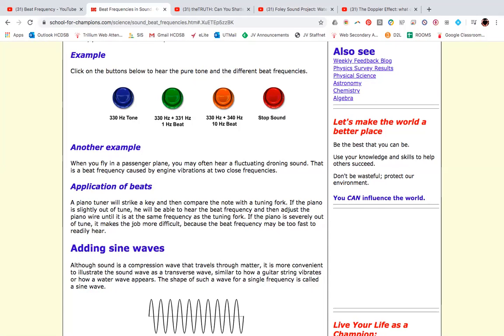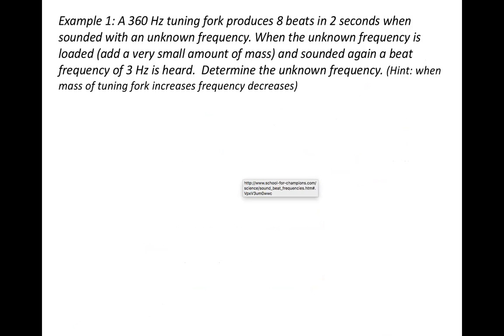So going back to our slides, let's try a problem-solving question involving acoustical beats. So we have a 360 hertz tuning fork that produces 8 beats in 2 seconds when sounded with another tuning fork with an unknown frequency. And when the unknown tuning fork is loaded, so let's say we add a very small amount of silly putty to the fork, so we add a very small amount of mass.